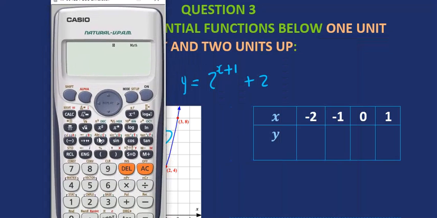Okay, we've got 2 to the power of x, of course we use brackets where there's x, plus 1, plus 2. So let's try out different values starting with negative 2. Negative 2 will give us 2.5.